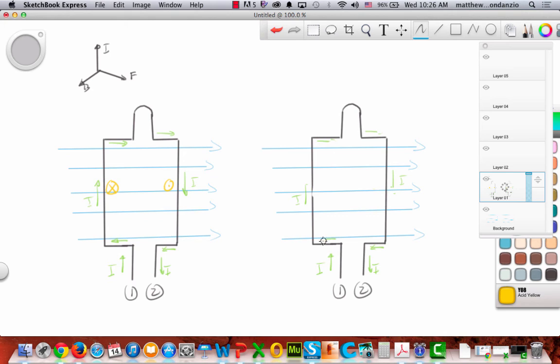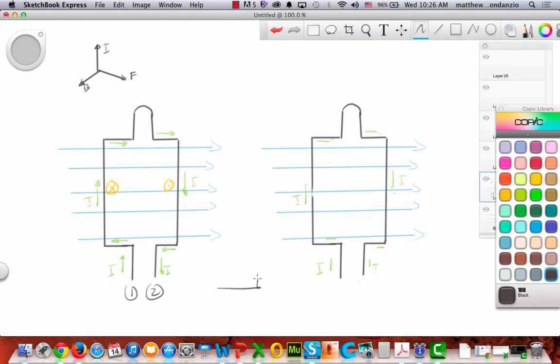So now here's the thing. From here to here, what I've done is I've flipped it 180 degrees. So this is 2 and this is 1.